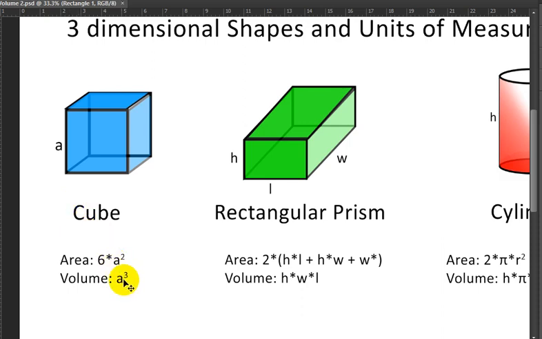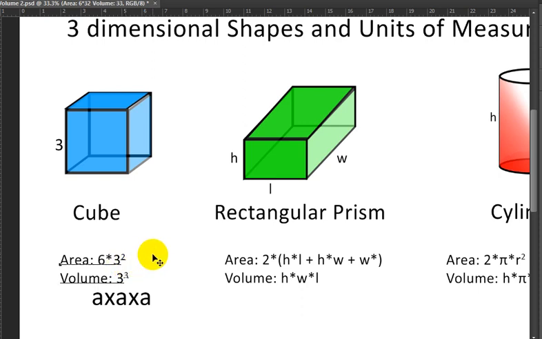Now for the volume, we need to do a cubed, a to the third, right? In case you don't remember what that means, that is a times a times a. So if, for example, I give you a cube where all of its edges are 3, its area would be 6 times 3 squared, and its volume would be 3 cubed, right?